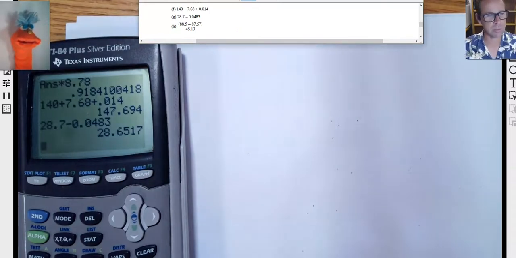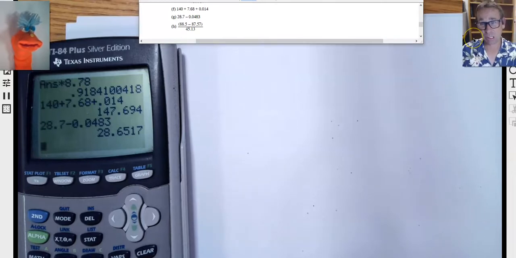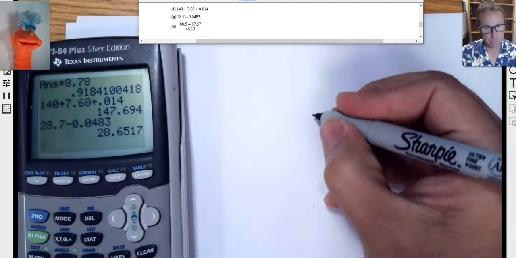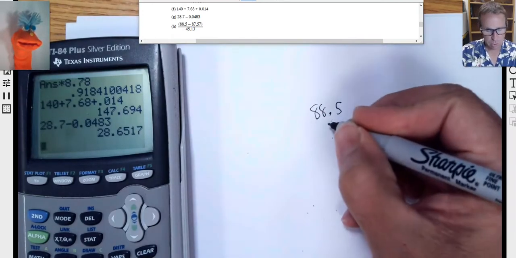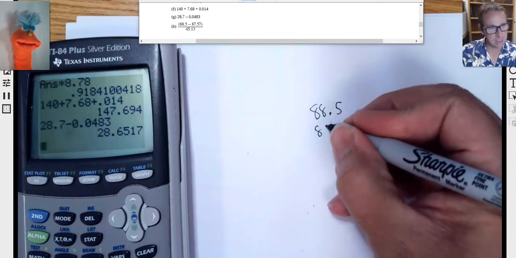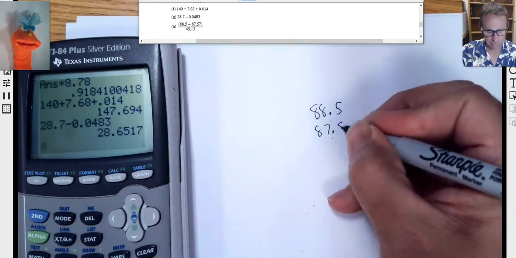Okay, good. Here's our mixed operation one. So according to the order of operations, do you remember that? Please excuse my dear Aunt Sally, or PEMDAS, or whatever they use. What am I supposed to do first here? In the parentheses. That's right. 88.5 minus 87.57. Okay? So that is a subtraction. And the way that I perform subtraction problems when I'm trying to conserve or identify significant digits is I line them up.